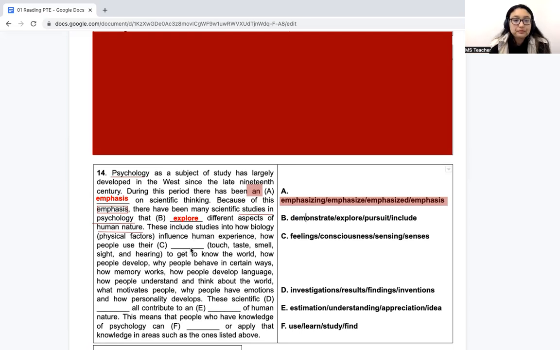Then these include, so what do they include? What are the different aspects? These include studies into how biology influences human experience, how people use their senses. So obviously there's no doubt here: senses. Touch, taste, smell, sight, hearing, all these in brackets are referring to senses.